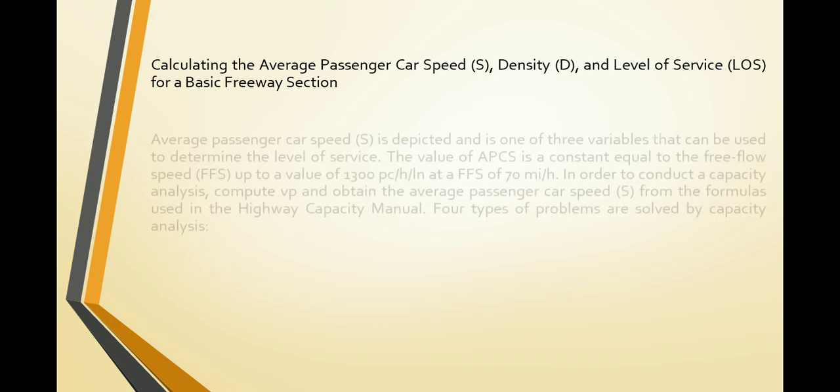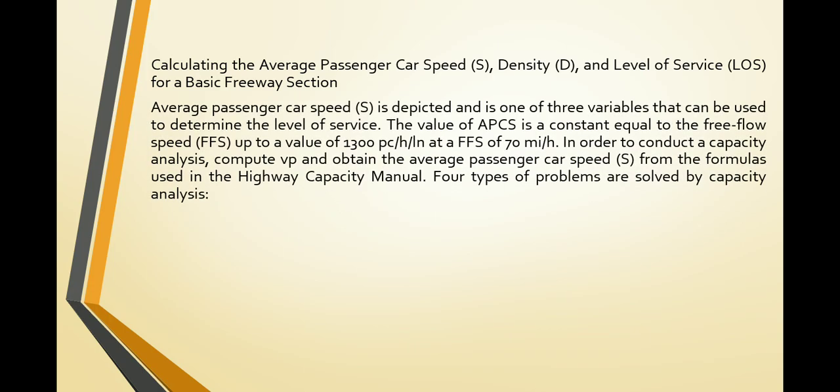Calculating the average passenger car speed S, density D, and level of service LOS for a basic freeway section. Average passenger car speed S is depicted and is one of three variables that can be used to determine the level of service.